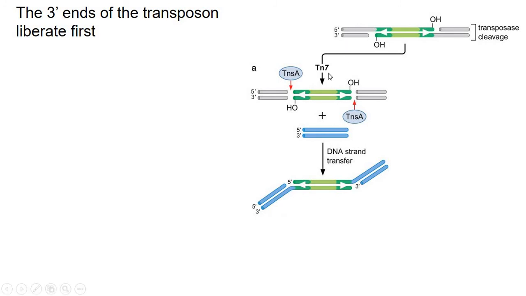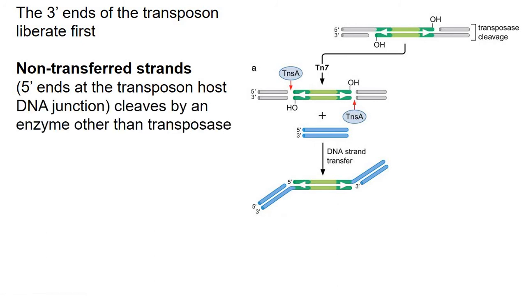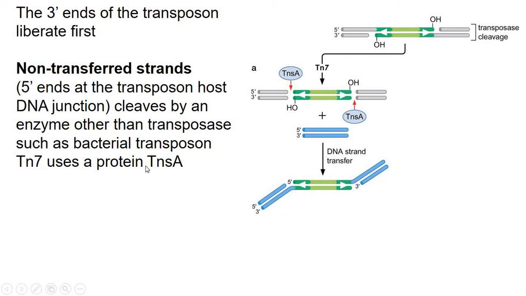For example, in Tn7, this Tn7 uses this protein called TnsA. This is an enzyme that will make this break at the 5' end of this molecule. So the 3' end is cleaved by the transposase activity, and a different enzyme makes this break at the 5' end.